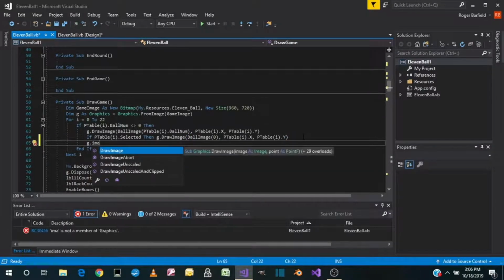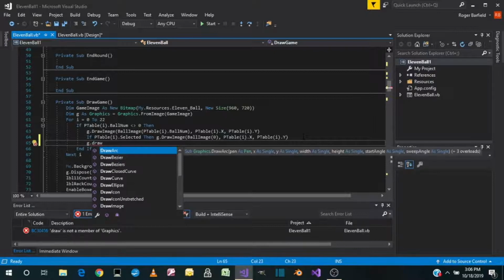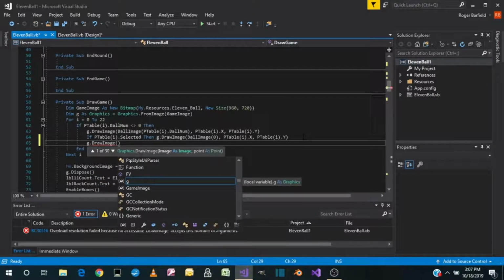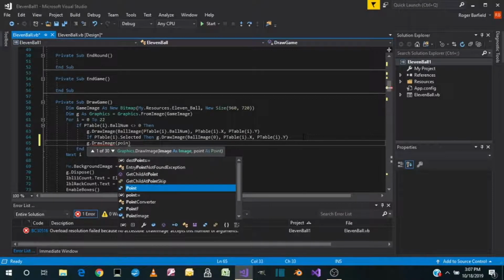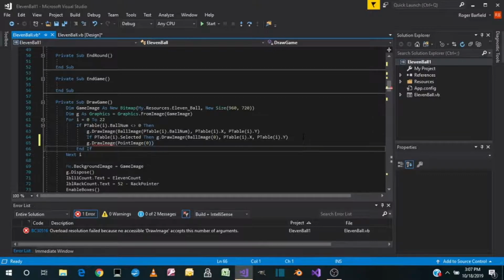G.image, draw from image, draw image. And it's point array, point image. And we'll draw it on every ball. It doesn't matter right now. I just want to see the size.